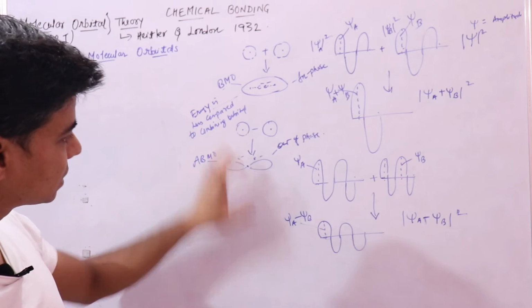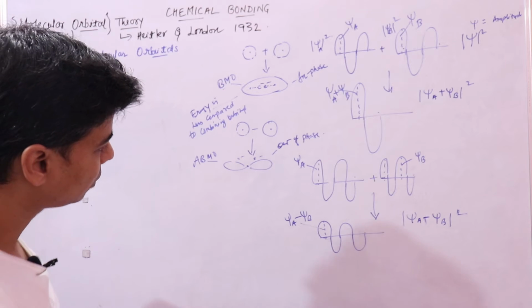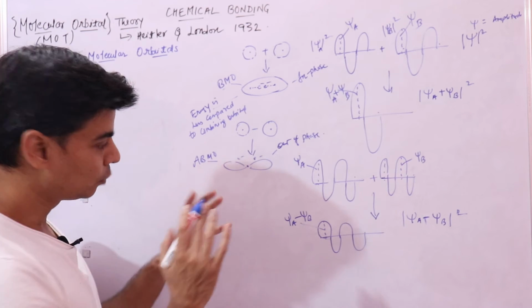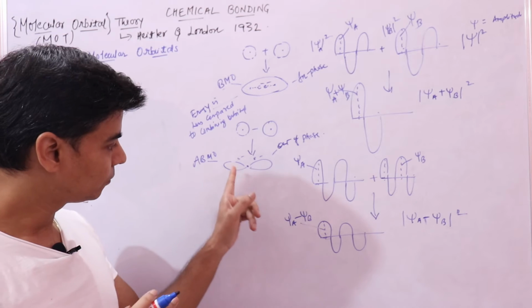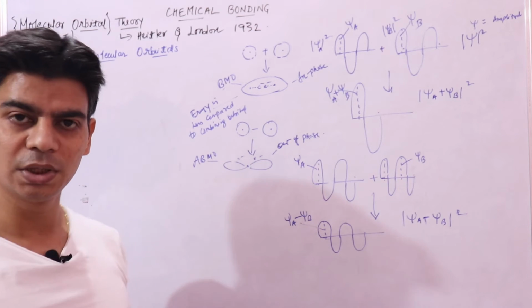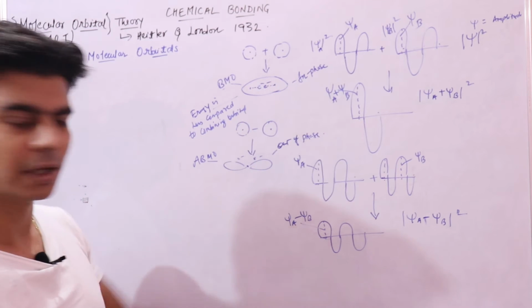Now let's look at this antibonding molecular orbital. In the case of the antibonding molecular orbital, electrons spend most of their time away from the internuclear region, right? The internuclear region is the region between these nuclei.